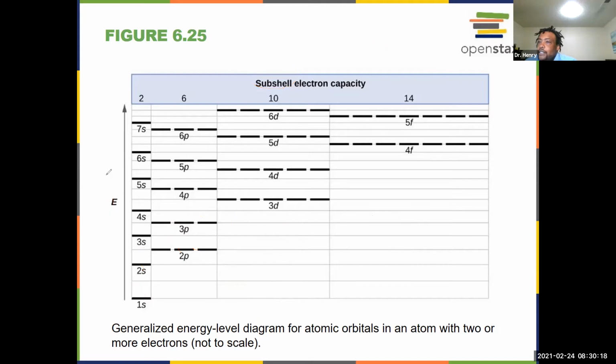Okay. On my screen, I would like you guys to draw the electron configuration for manganese.